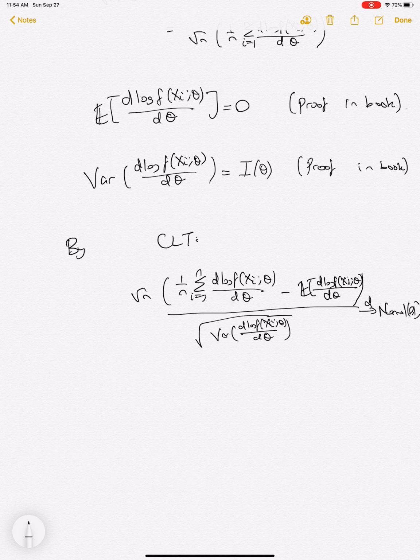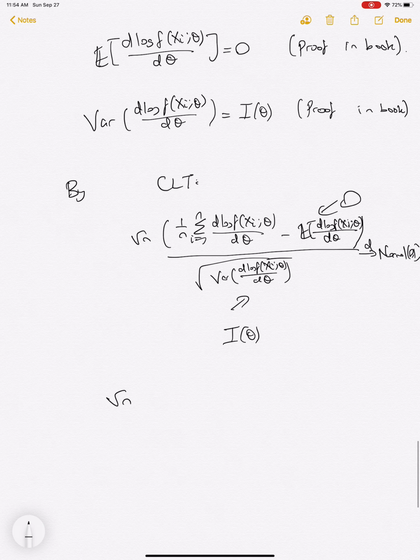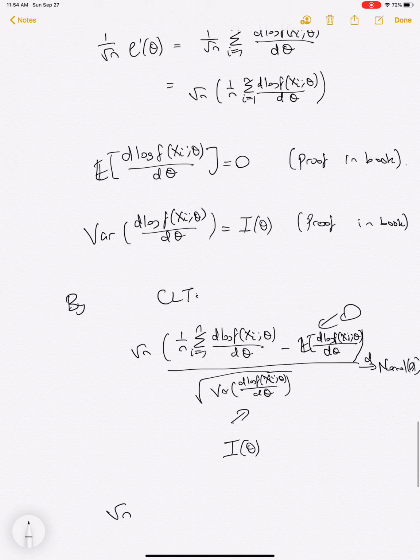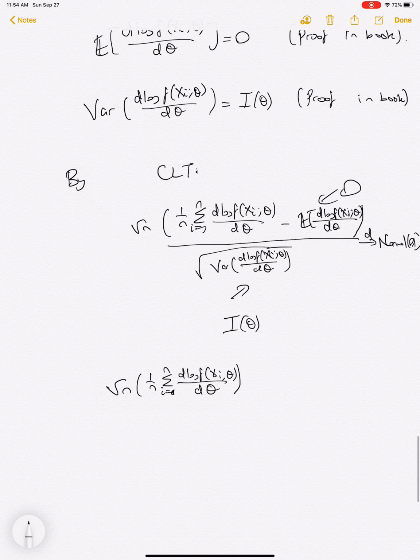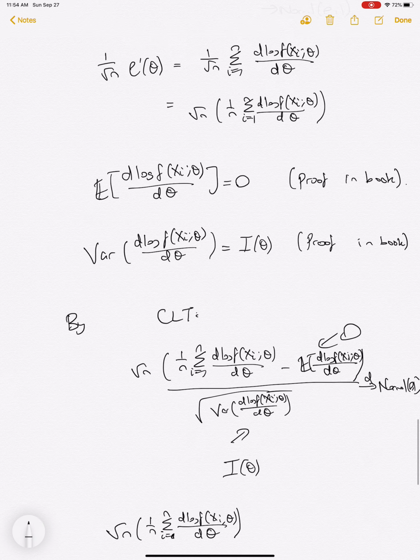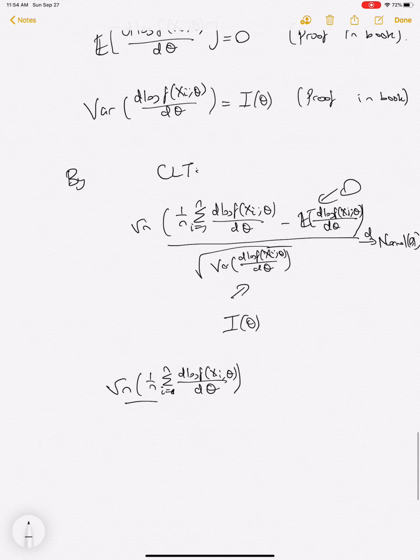And then we know that this expectation is 0, and the variance is I of theta. So then we have that square root of n times the derivative with respect to theta, and then we already have this term in the denominator, times square root of I of theta, that thing's going to converge to normal 0, 1 by the CLT.